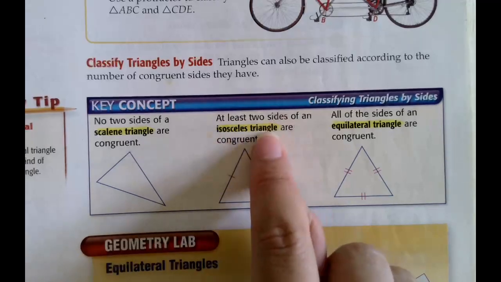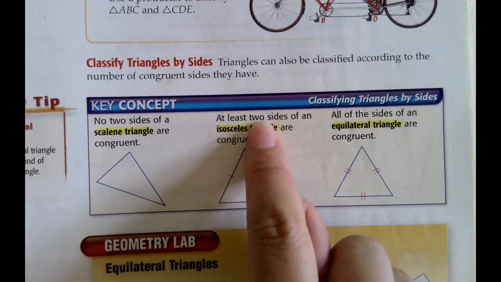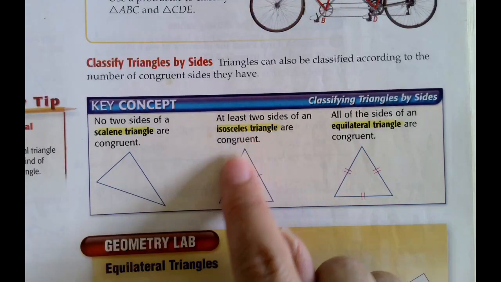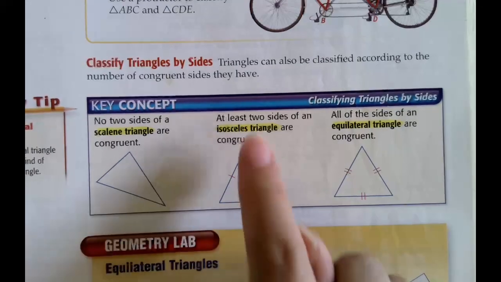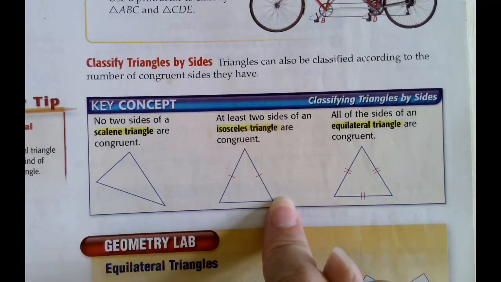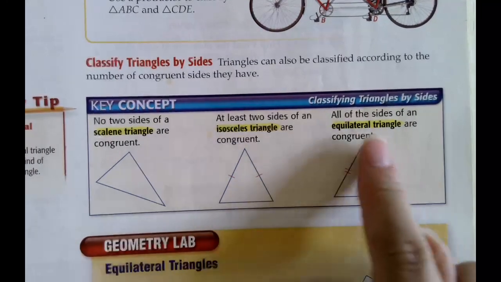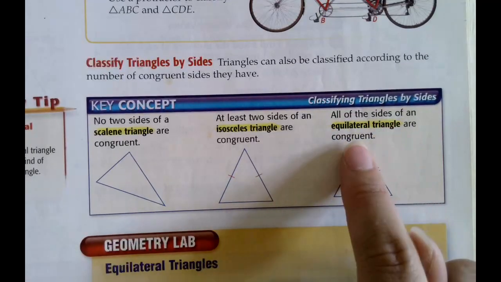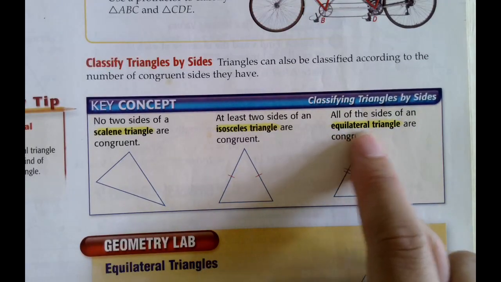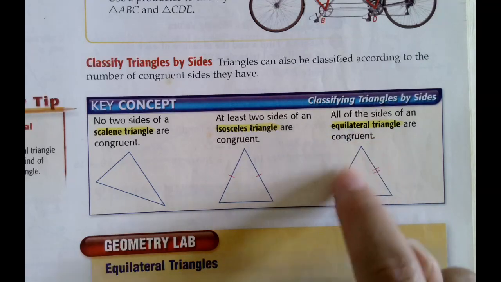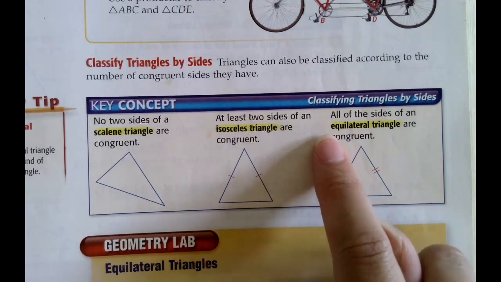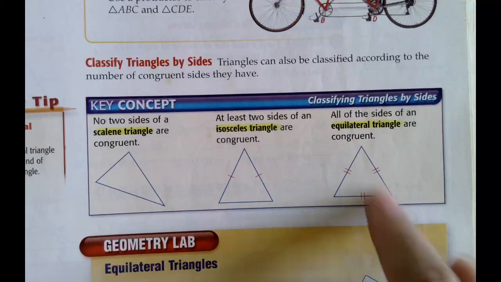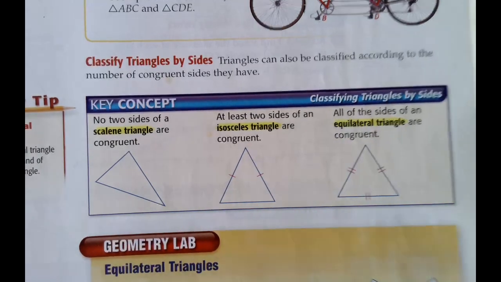An isosceles triangle has at least 2 sides that are congruent. Okay? So here this side and this side are congruent, so that makes it isosceles. And then it is an equilateral triangle when all of the sides are congruent. The lateral part is often like lattice or side, and then equi, so equal side. Okay. So equilaterals, all sides are congruent.